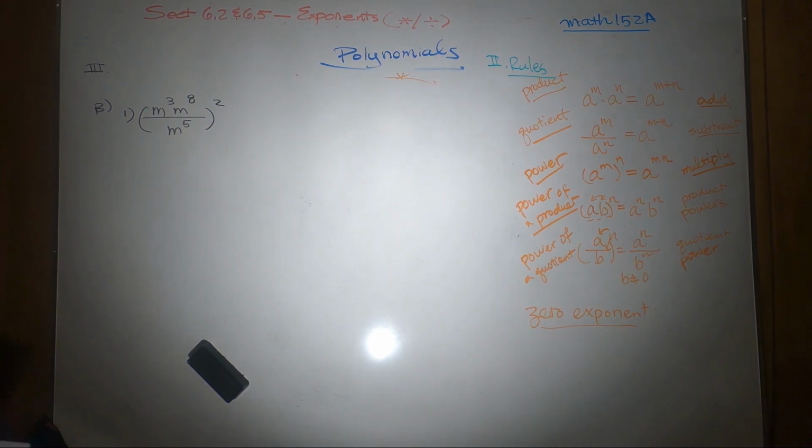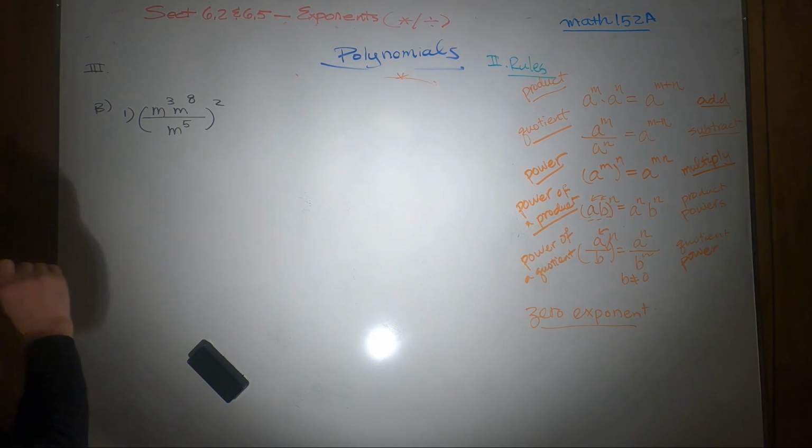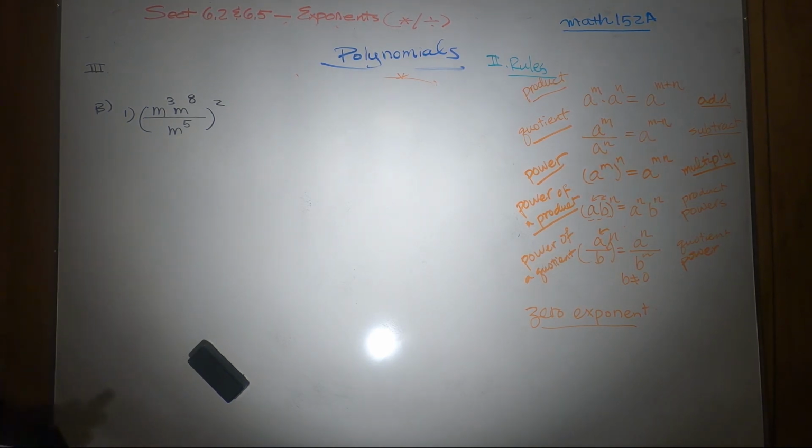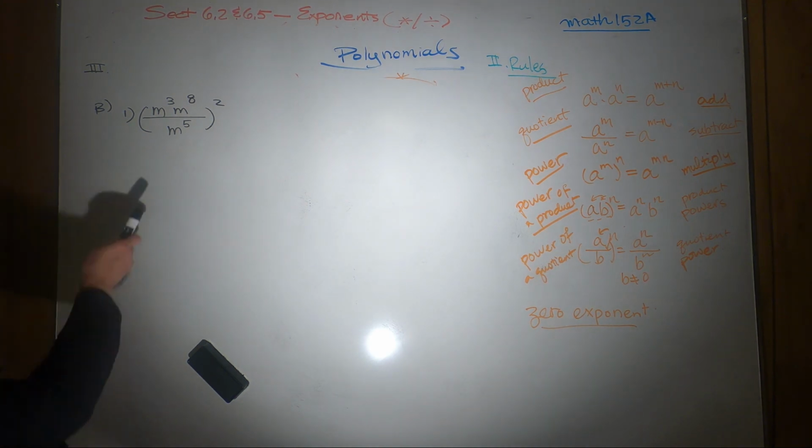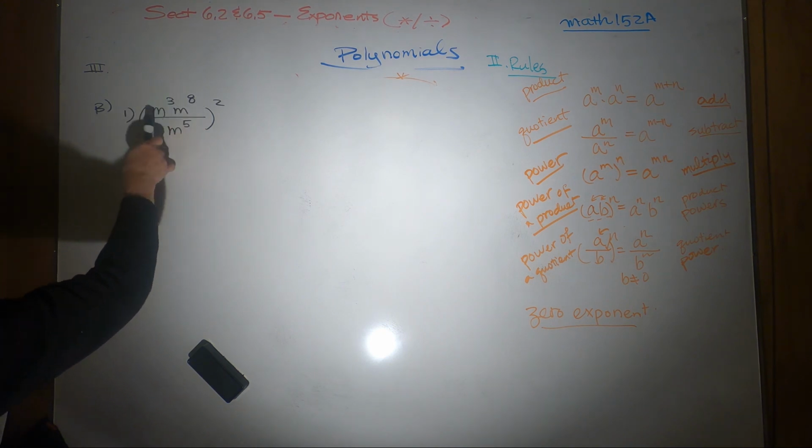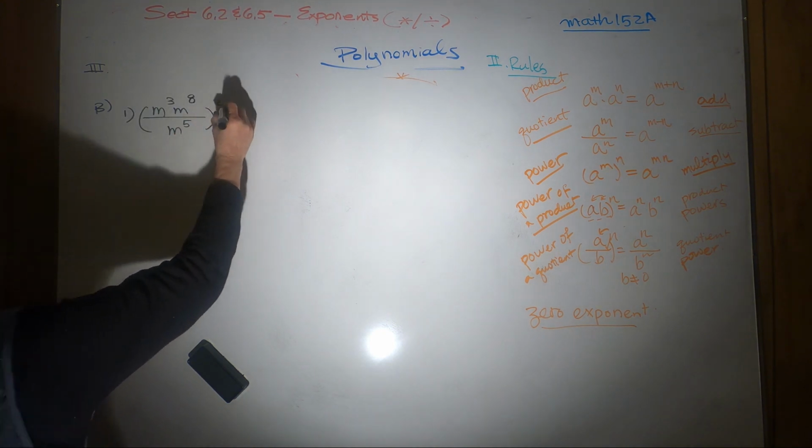Okay, we want to simplify it. Too many m's, too many powers. Okay, what should we do? Many ways. Probably we can do the inside first to simplify it, right?